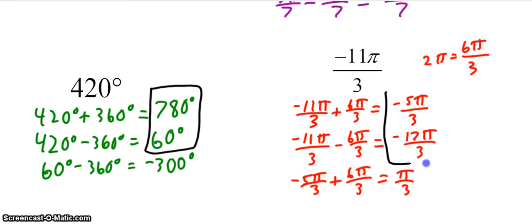So now these are both negative coterminal angles. I need a positive coterminal angle. So I'm going to take the smaller negative that I found, negative pi over 3, and I'm going to add 6 pi over 3. That's pi over 3. So here is my positive coterminal angle. Again, I could add 2 pi, or 6 pi over 3, if I wanted to find a different answer.